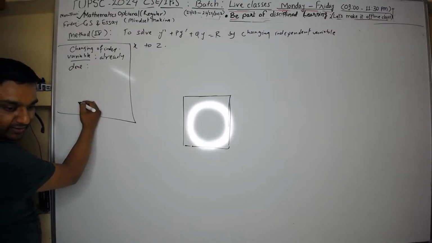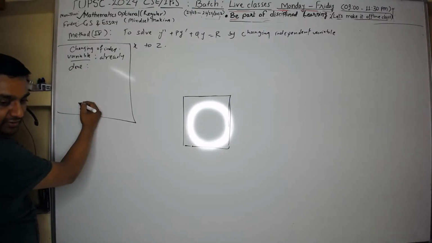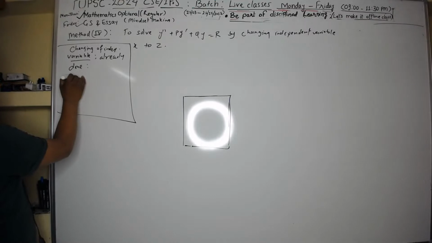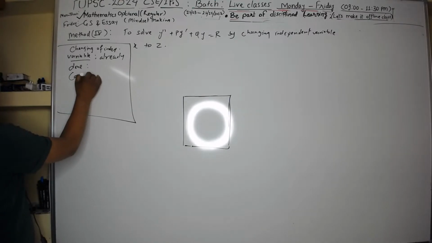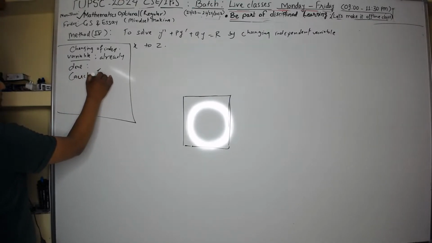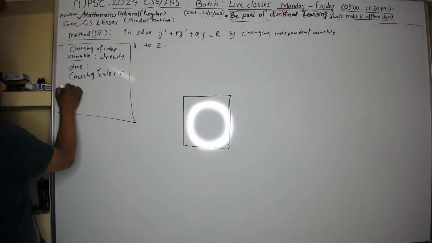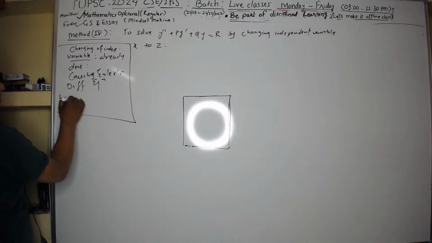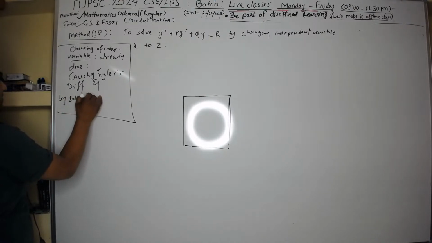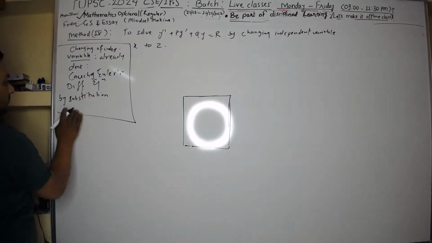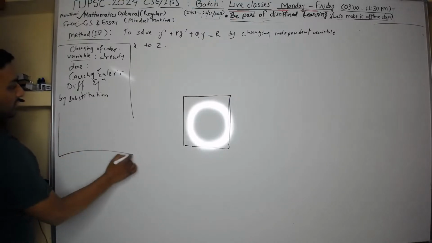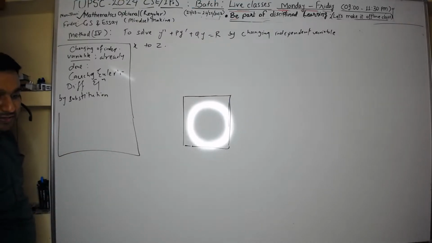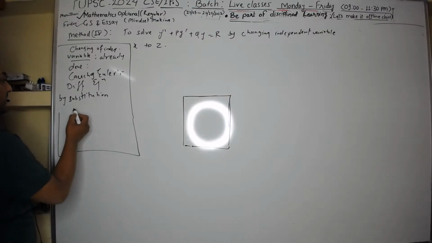Anyone replied? Harish, x. X means what? In the Cauchy-Euler differential equation. By substituting, what substitution did we do, Shibu? What substitution did we apply? Shibu, yes, Cauchy-Euler, very good.